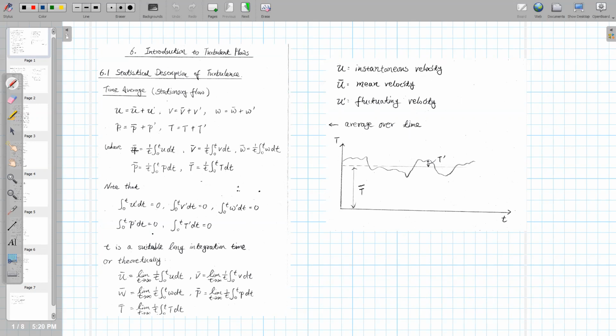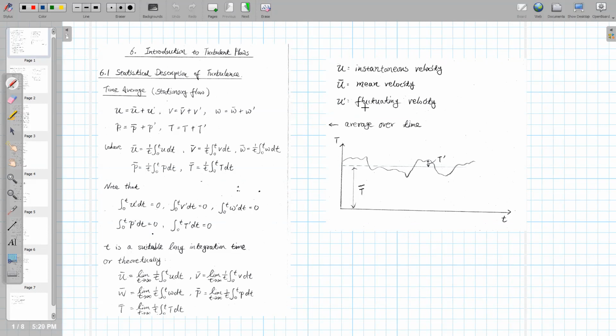And the result will be U bar. This U bar means U average, the mean velocity averaged over the time interval. And you can definitely see these two will not be the same, the instantaneous and the average one. The difference between the instantaneous and the average one will be this U prime.